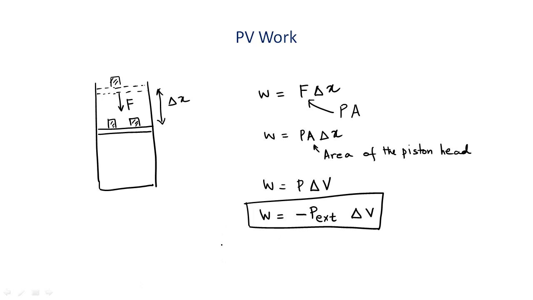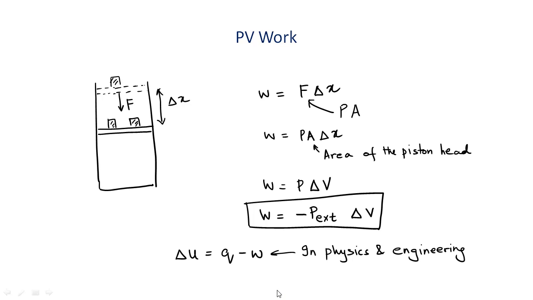Some of you may notice that in physics and engineering books, the first law looks a bit different. There it is often written as delta U is equal to Q minus W. Do you know why this is?